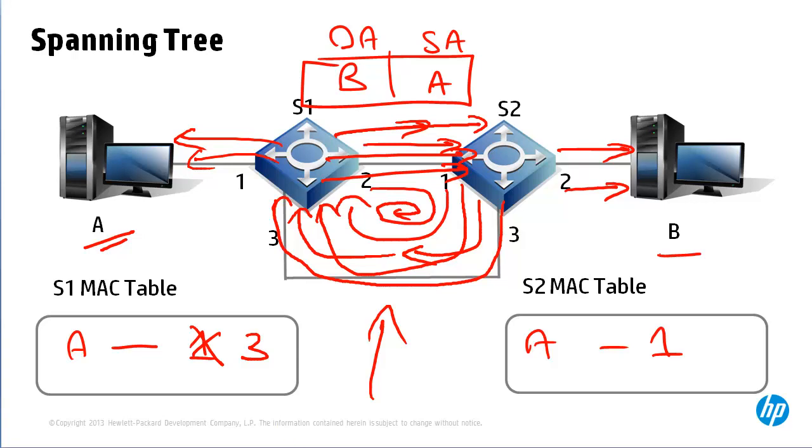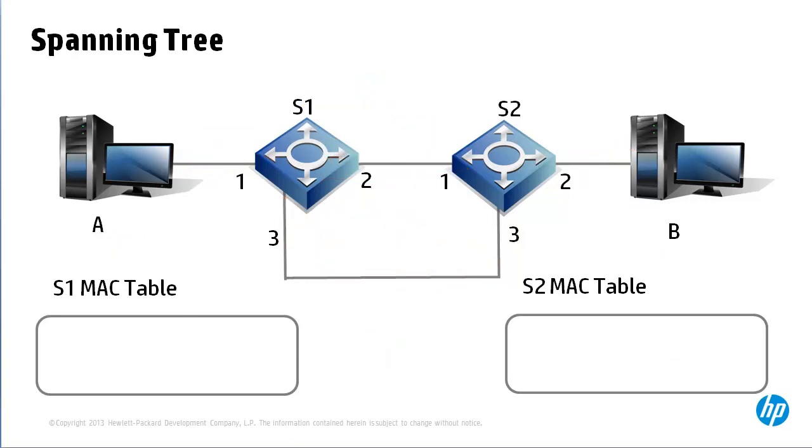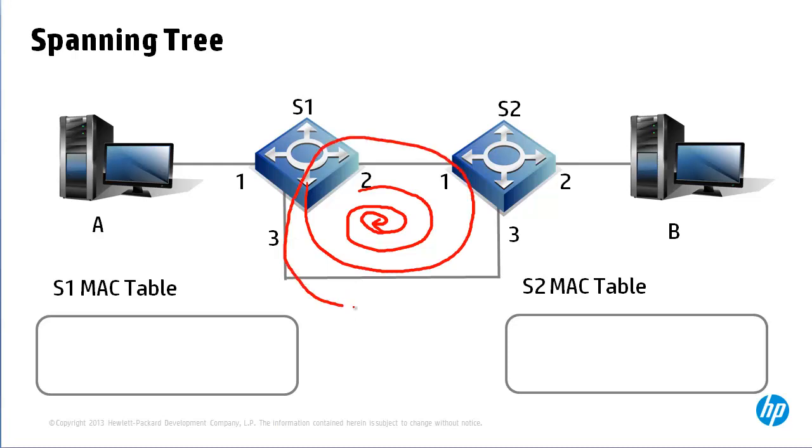Now this can get so bad that the CPU utilization of the switches and end devices shoots up as this frame is replicated round and round. The same problem occurs in the reverse direction. This frame is looped round and round as well. A single frame is now being duplicated many times. And this is aggravated when you have many interfaces.